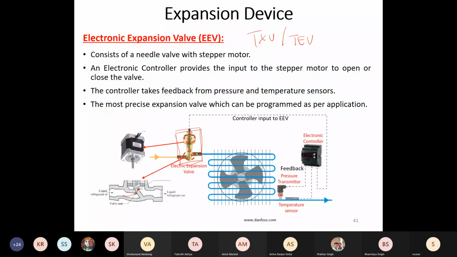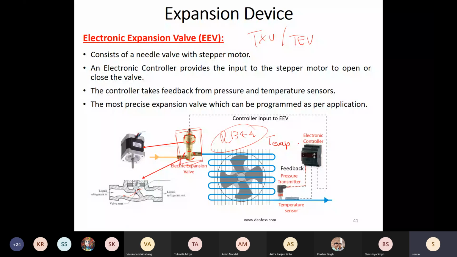Now you can program your controller knowing what refrigerant you are using. Let's say you are using R134A, so you know all the properties of R134A. Based on the pressure transmitter data, you can convert this pressure data into the saturation temperature of R134A. That will give you the evaporator temperature.